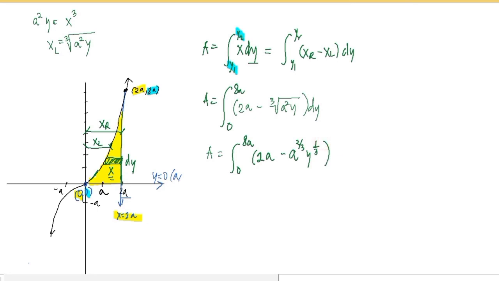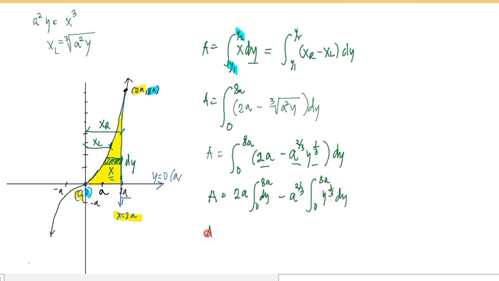We have here our dy. So, taking the integral of this, so kung i-distribute pa natin, okay lang naman, no? Since this is constant, then we can say that's 2a integral from 0 to 8a of dy minus itong constant natin, that's a raised to 2/3 integral from 0 to 8a of our y to the 1/3 dy.